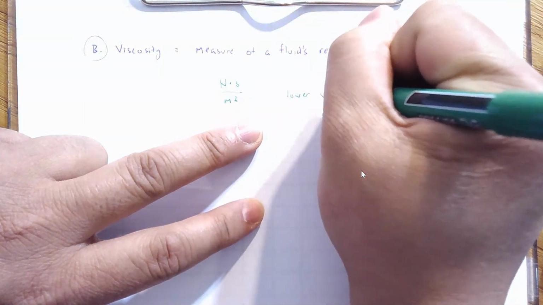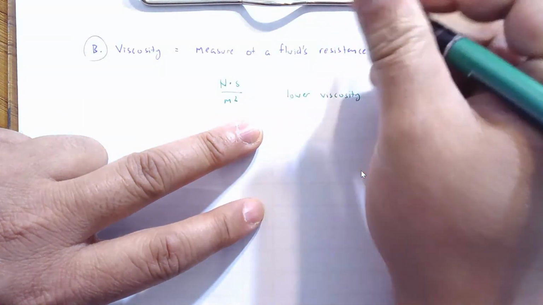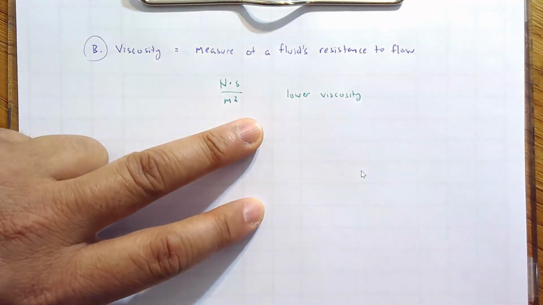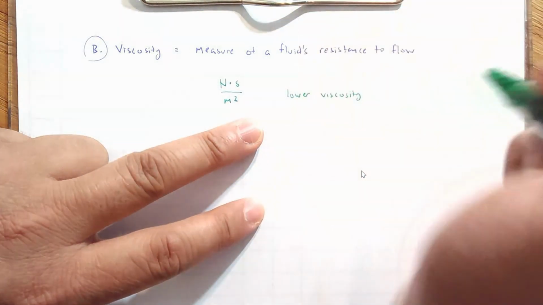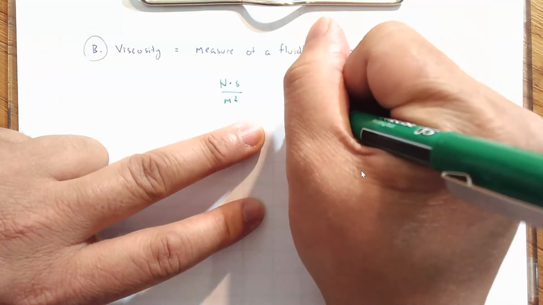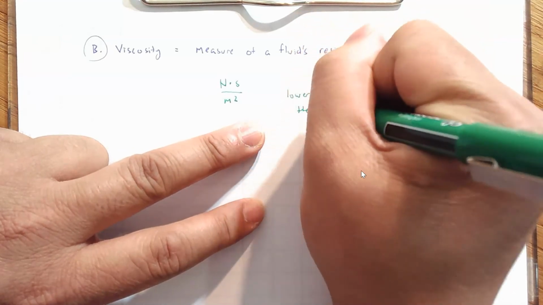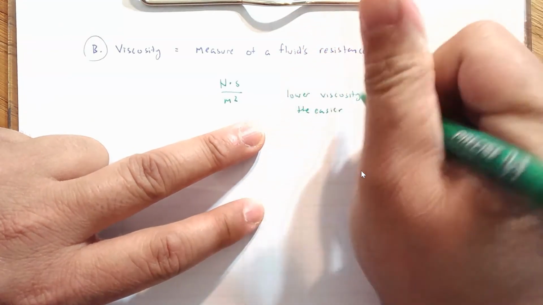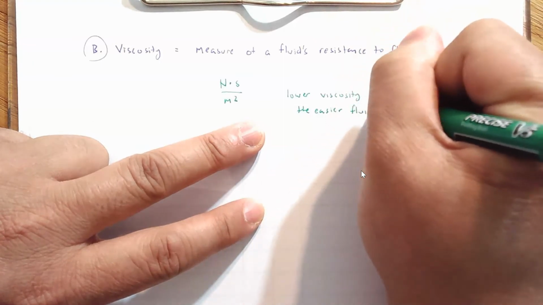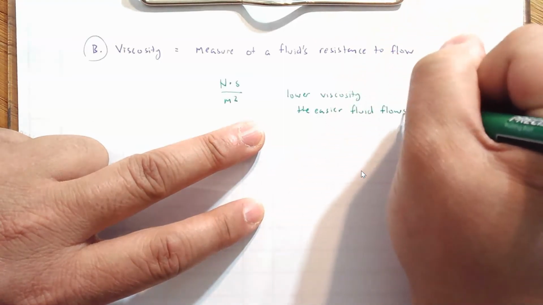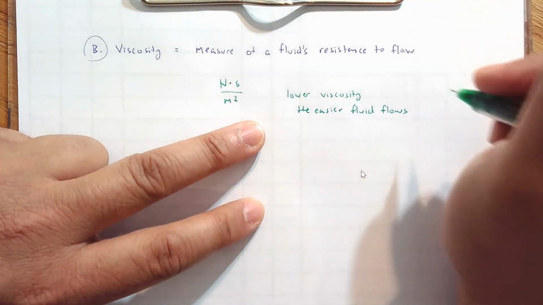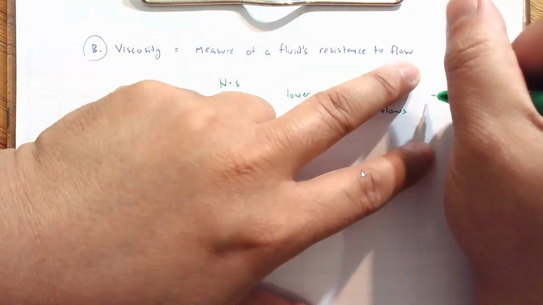The lower viscosity means that you're making the liquid thinner. The lower the viscosity, the easier the fluid flows. And typically you do this by raising the temperature.